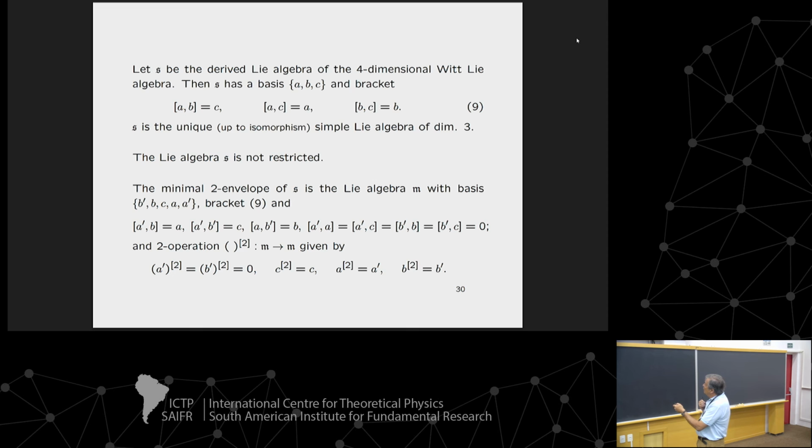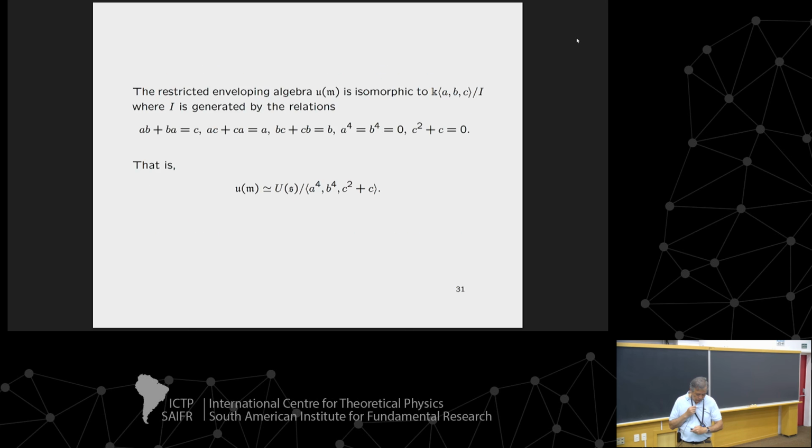So here, in S you do not have a restricted 2-operation, so you add the 2-operation of A and the 2-operation of B. Okay, we had to learn this. And the restricted enveloping algebra U of M is isomorphic to K⟨A,B,C⟩ over I, where I is generated by relations which I wrote in the next line.